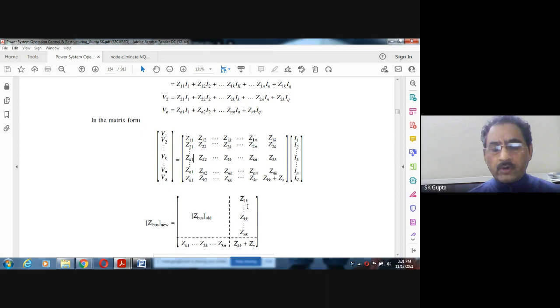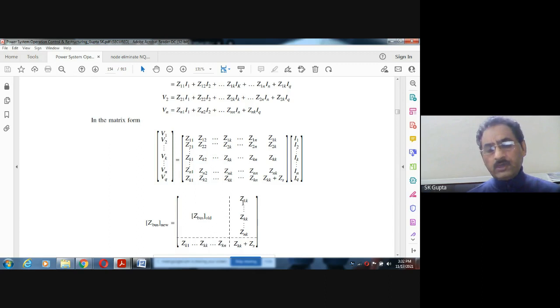So one row and one column have been added, and these values have been taken from inside the old bus. And at the diagonal, Zkk plus Zs. Zkk means the kth bus was where it was added, so its kth row, kth column element plus Zs. So it is easy to remember this modification: when a transmission line is added from an old bus to the new bus, the Z bus will be modified like this.